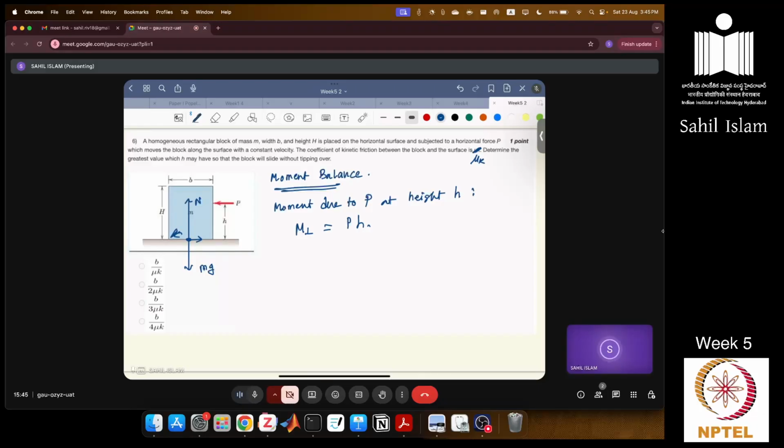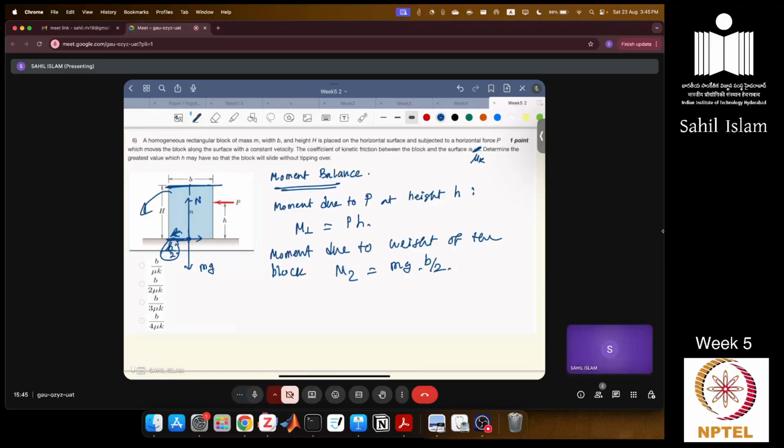But for the tipping over, moment due to weight of the block m2 is mg times, so this is the radius, the half of its radius, we will take b by 2, because when it tips over, the axis will become half of this breadth, so b by 2.